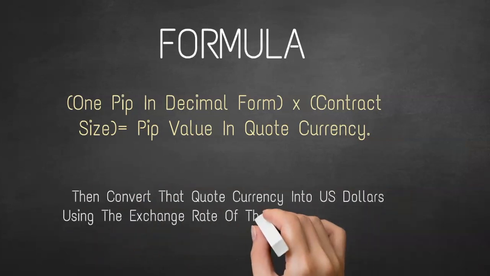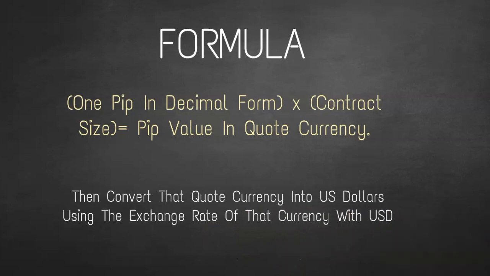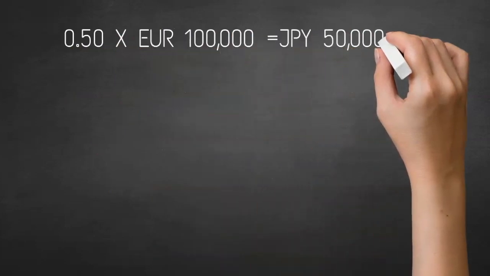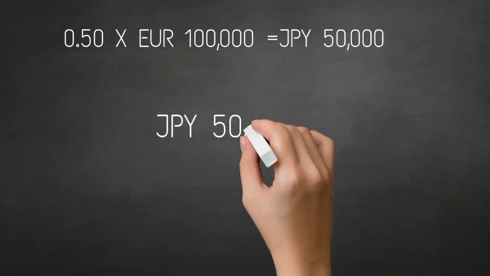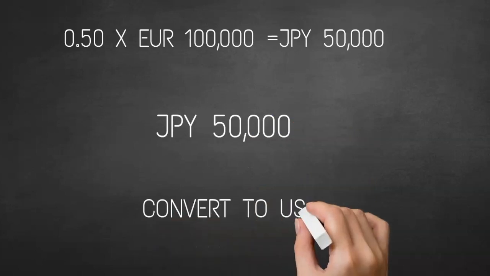And remember to convert the quote currency into US dollars. So 0.50 yen multiplied by 100,000 euros will give us 50,000 Japanese yen.